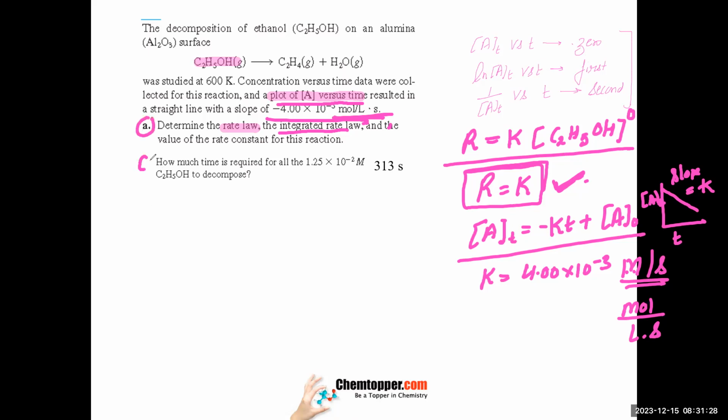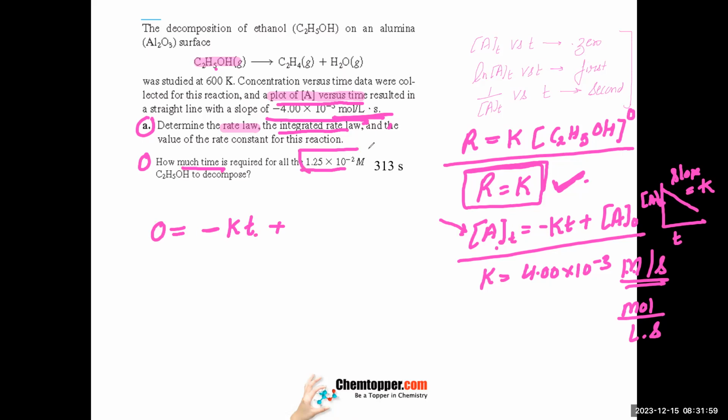Can we do the B part? How much time? Use this equation for all of it to decompose, all of it getting decomposed. So what's the concentration of AT if all of it is decomposing? Zero. So 0 is minus KT, T they are asking, plus A naught.